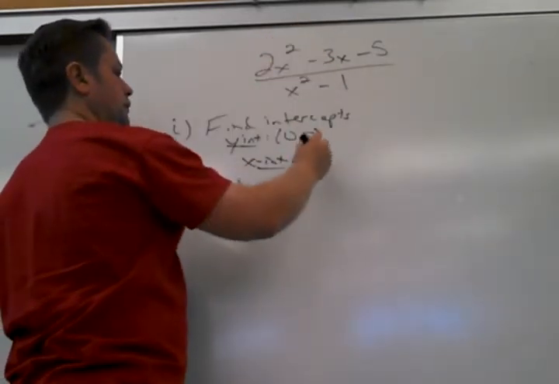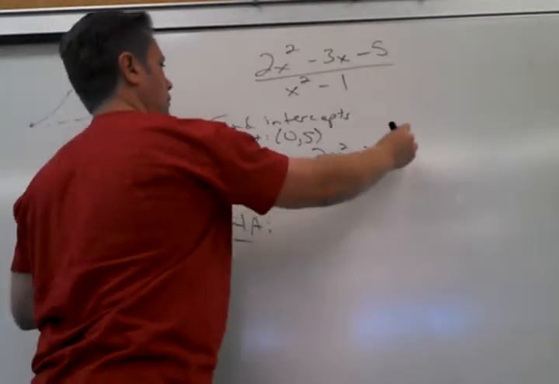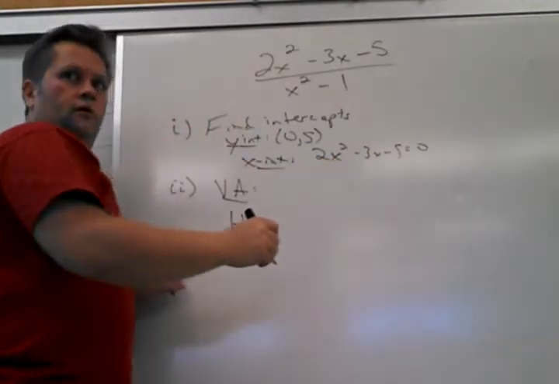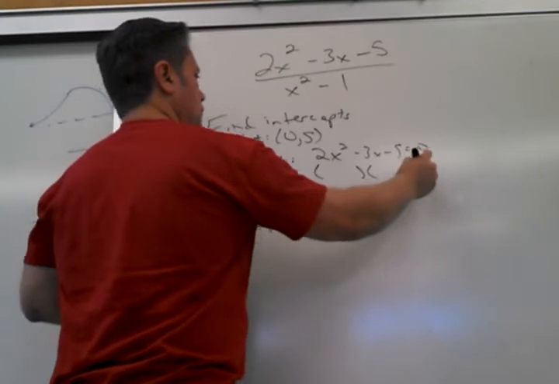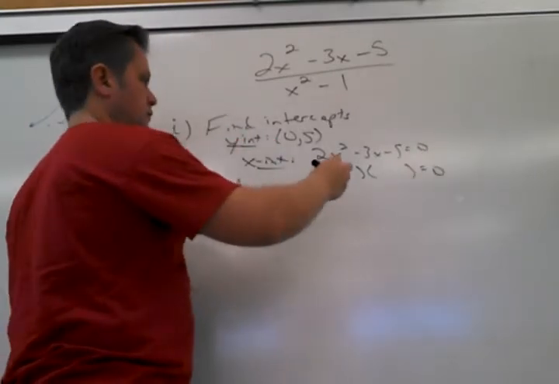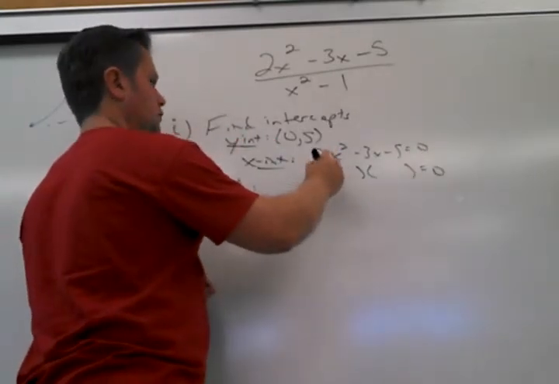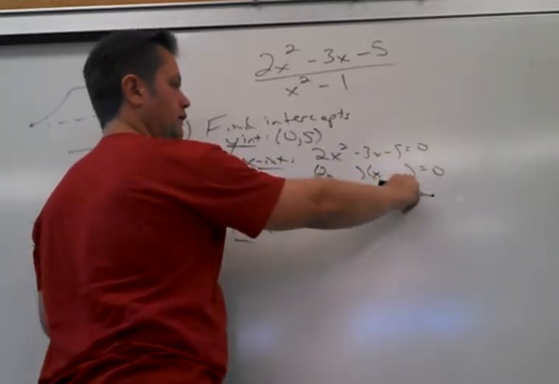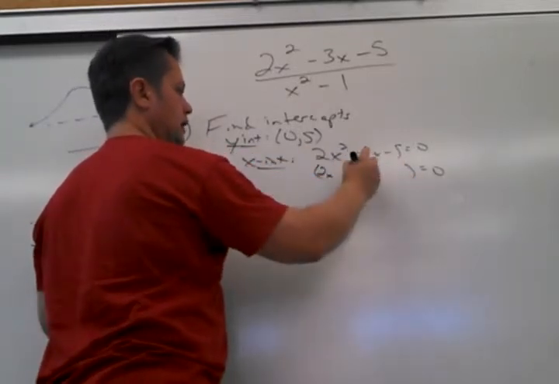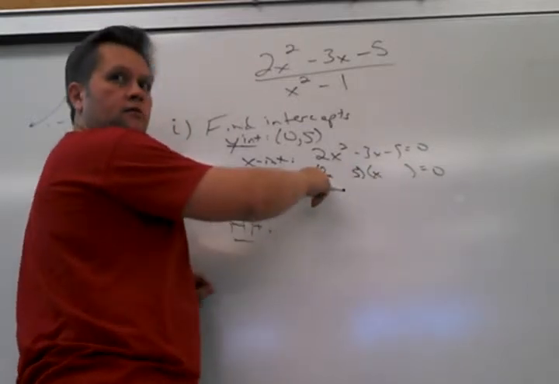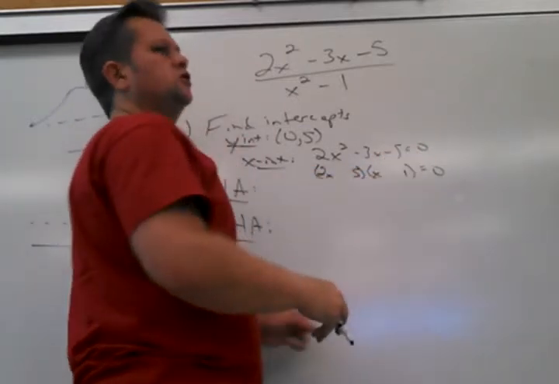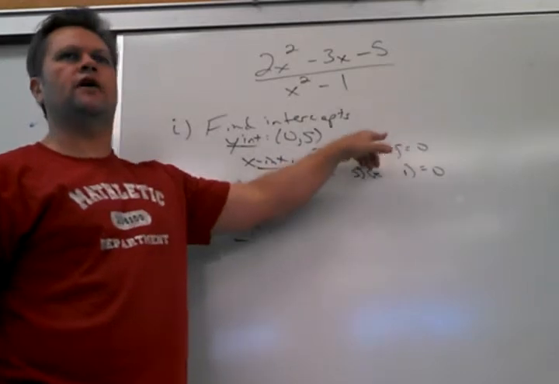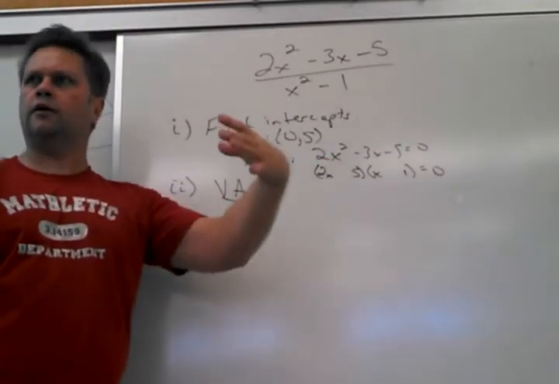So I want to set the top equal to 0. Don't jump straight to the quadratic formula. You can actually factor this. So 2x and x, and the only way to factor 5 is 5 and 1, and either the 5 is there or it's there. It actually has to be here because this would make a 10. You can do 10, negative 10, find the factors and make negative 3, do the grouping thing.